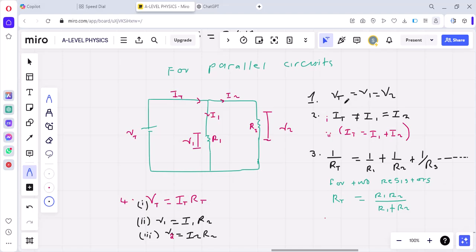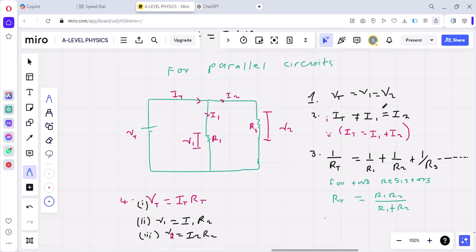So for the resistors connected in parallel, the potential difference across resistor 1 and the potential difference across resistor 2 is the same as the potential difference across the battery. So the total voltage is the same as the voltage across resistor 1 and the voltage across resistor 2. That is different from the resistors that are connected in series.